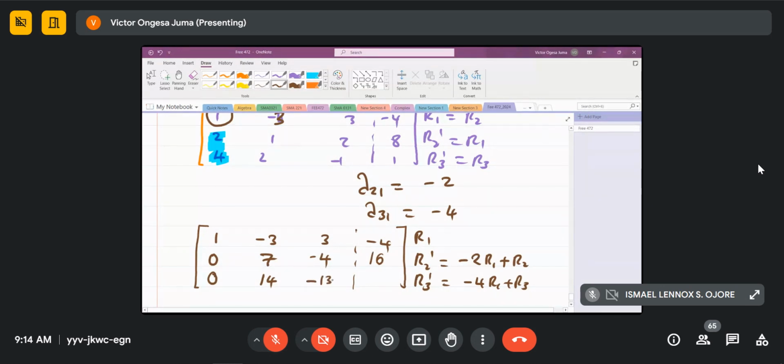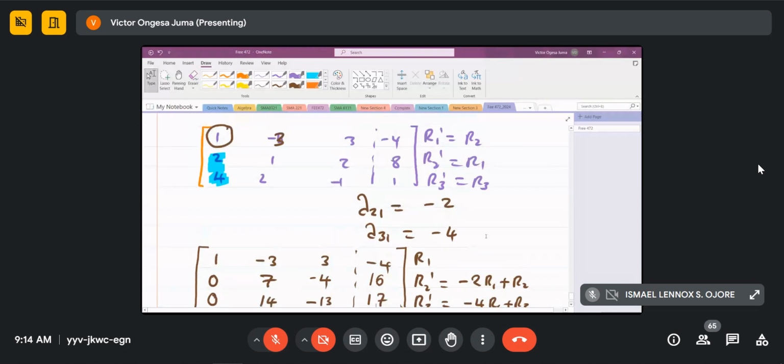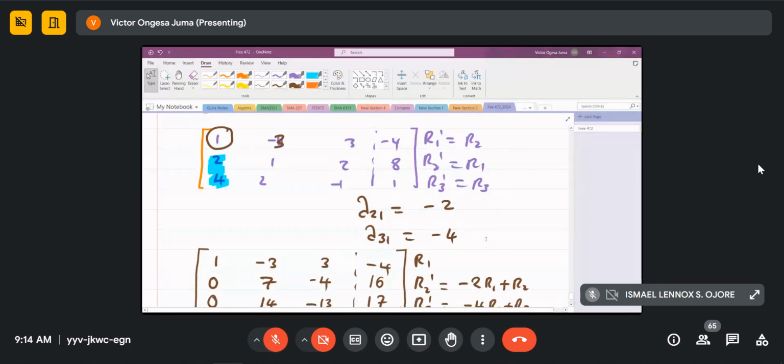Excuse me, sir. Could you kindly show me how the multiplier m31 is -4 there? I think I wrote maybe the wrong formula. Is it minus a31 over a11 or minus a31 over a21? So here I am using this to eliminate these two, right?